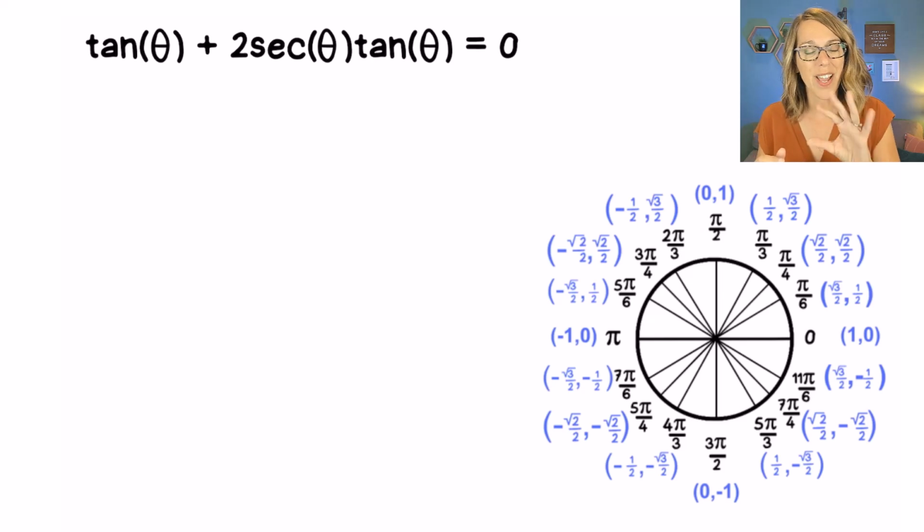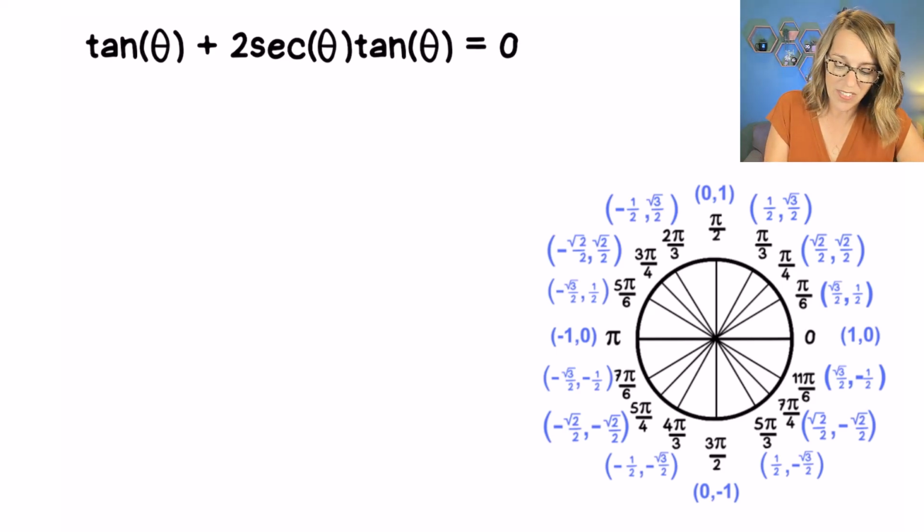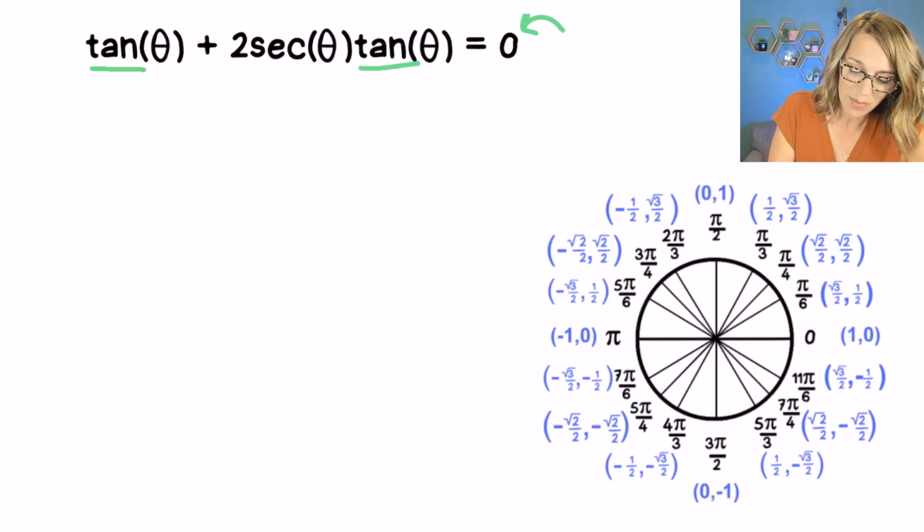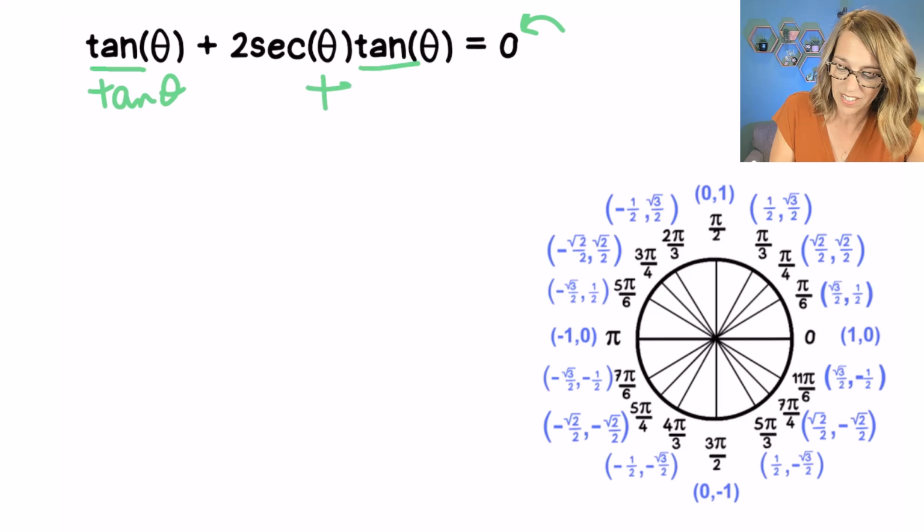Now in this next one, I'm again solving for theta, but this time I'm going to use factoring. I notice that I've got this tan theta in common. Because I'm using factoring here, I want to make sure that I've got 0 on one side, and I already do. So I'm ready to factor out that common tangent. I'm going to divide both terms here by tangent.